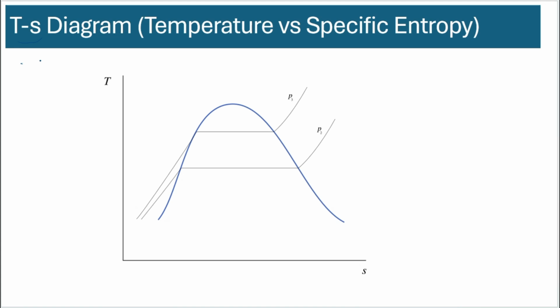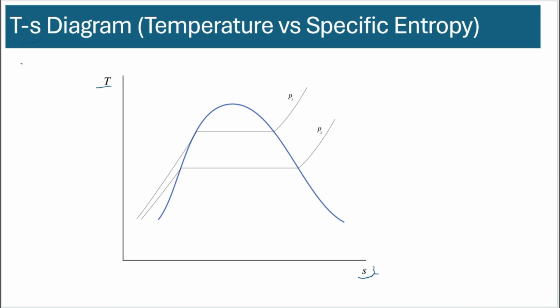So here, the dome looks like this, between temperature on the y-axis and entropy on the x-axis. We haven't studied much about entropy. We have learned exactly what enthalpy is in the previous lecture and how it relates to internal energy and pressure energy.